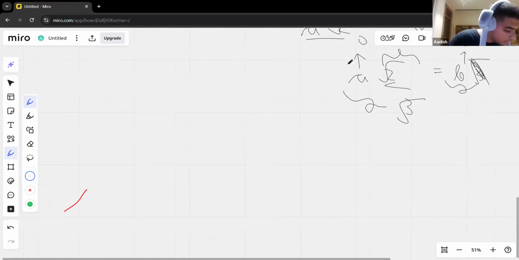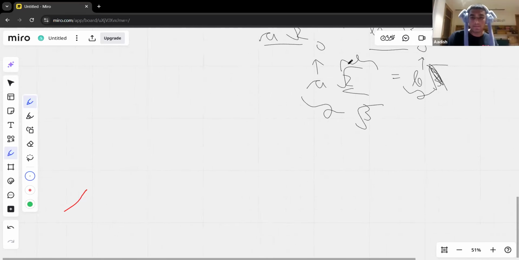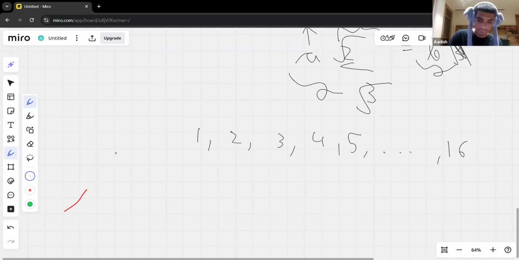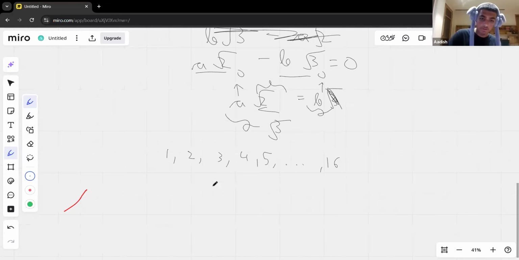So let's start with something. Suppose the numbers 1, 2, 3, 4, all the way up to 16 are written on the board. In one move, what you do is you pair up the numbers.